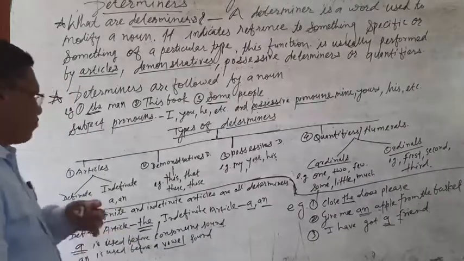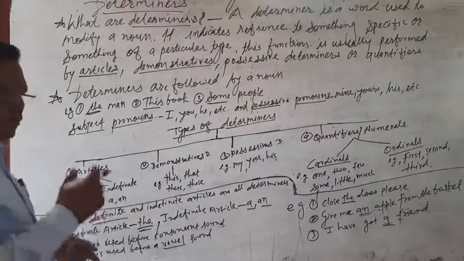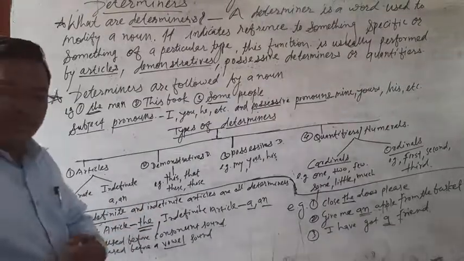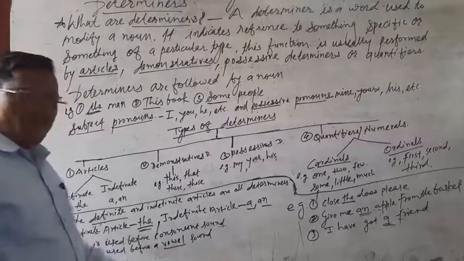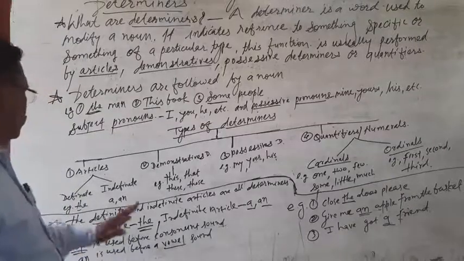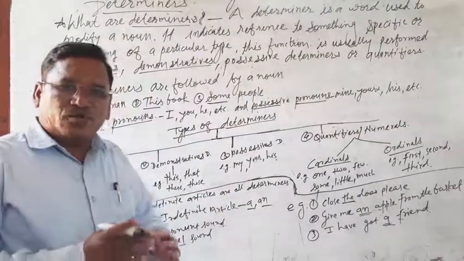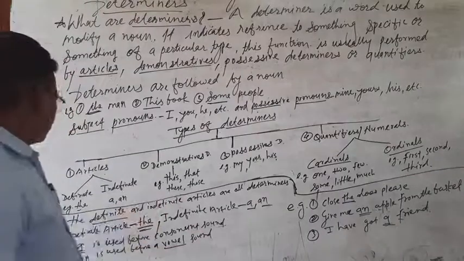So if there is a vowel sound, we use an. If there is a consonant letter but the pronunciation sounds like a vowel, you must use an. And a is usually used before a consonant sound. The rest of the letters are consonants.